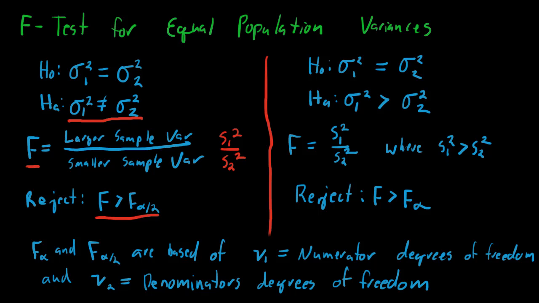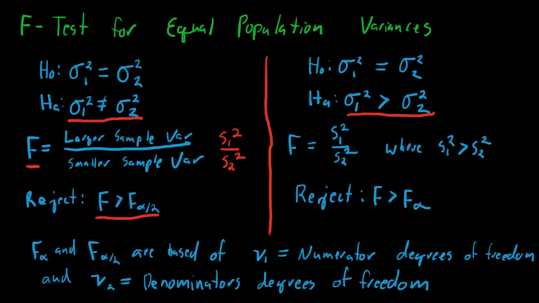For our other hypothesis test, we're just going to have the one-tailed test, and we're going to deal with our alternative hypothesis of sigma 1 squared is greater than sigma 2 squared. Again, if we need to flip this test around based off of which S1 or S2 squared is greater, we can do that and just flip whatever values are S1 and S2.